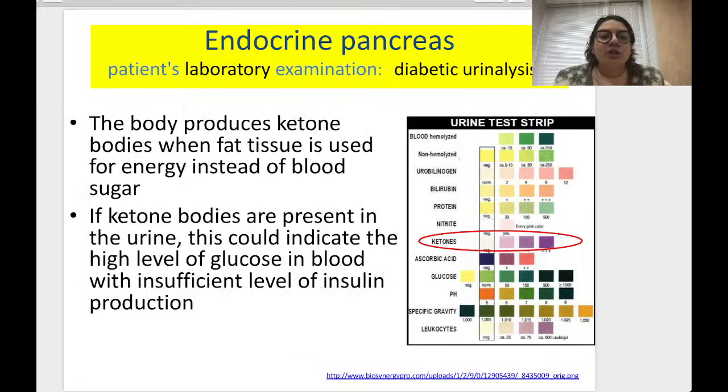The body produces ketone bodies when fat tissue is used for energy instead of blood sugar. If ketone bodies are present in urine, this could indicate a high level of glucose in blood with an insufficient level of insulin production. And on this slide is the explanation of why ketoacidosis is typical just for type 1 diabetes mellitus. Whoever doesn't understand, please return to pathophysiology.